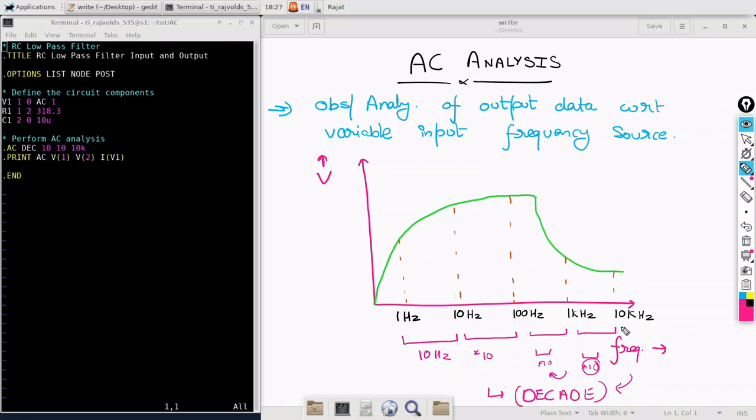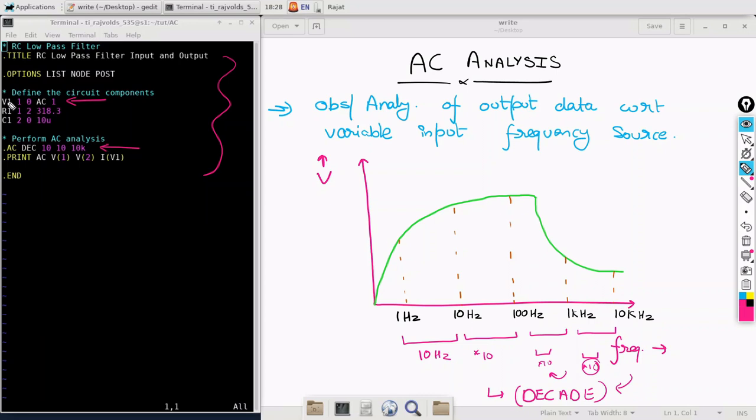Now we are going to see the code for running AC analysis, and for that I am taking an example of an RC low pass filter. This is the code written for the RC low pass filter, in which we have to focus on two lines: the source for the AC and the definition of the AC analysis.